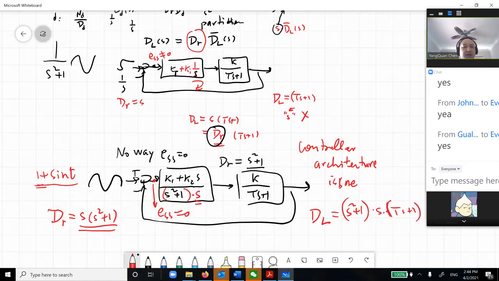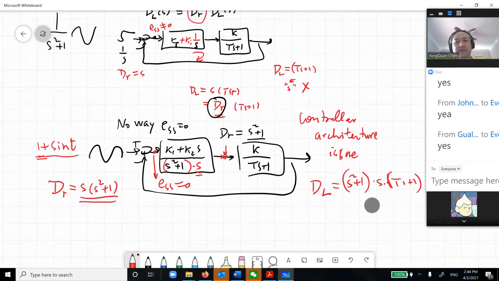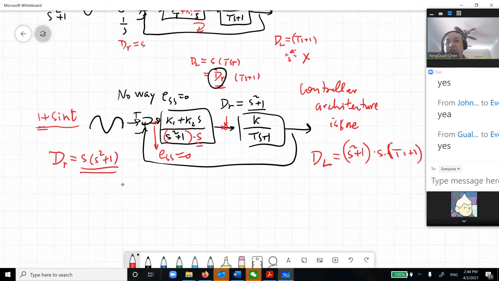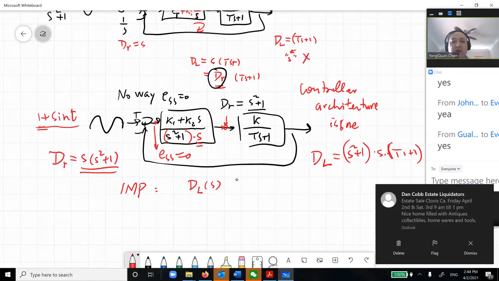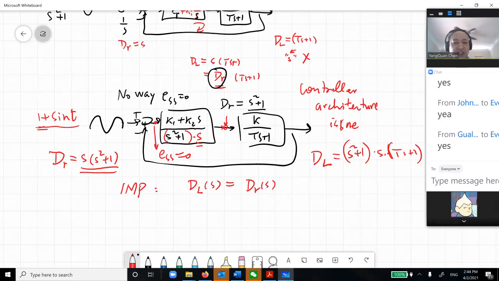Okay, so that tells you, if you know what your reference is, the same thing applies to disturbance. If you say, oh, I have a sinusoid disturbance in here, how to remove it? You need s squared plus 1 here, okay? Makes sense? So IMP basically says the denominator of your loop transfer function must contain the DR(s), the characteristic polynomial of your generating signal.